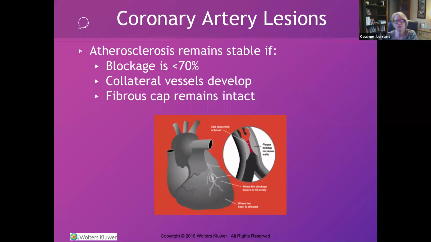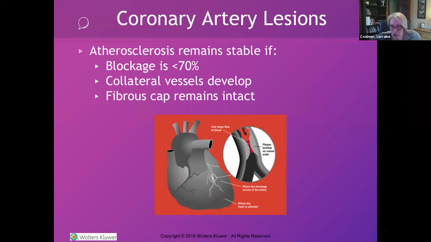Now, I don't know if you've ever read anybody's heart cath reports, when they go to heart cath. They really don't do anything if the blockage is less than 70%. They go in and they say, all right, Lorraine, you got 50% blockage and so on. And they don't really do anything. And hopefully if you're old enough, you get collateral circulation. As we age, we tend to develop some collateral circulation to help that area around the heart get perfused.